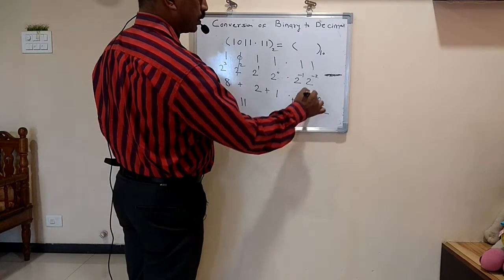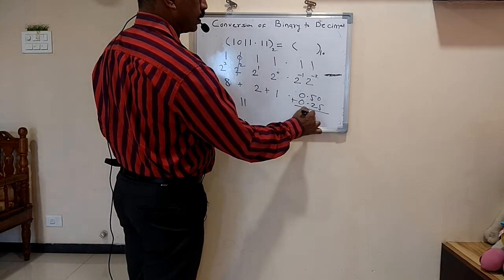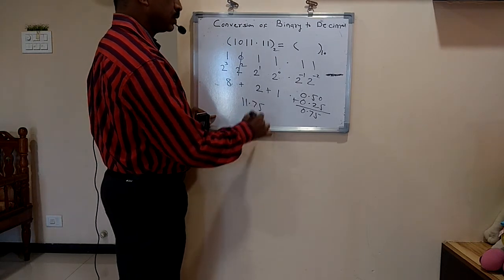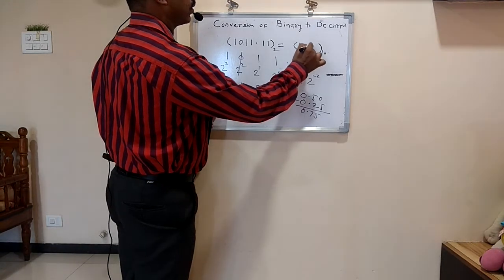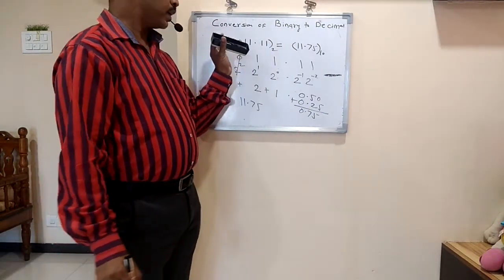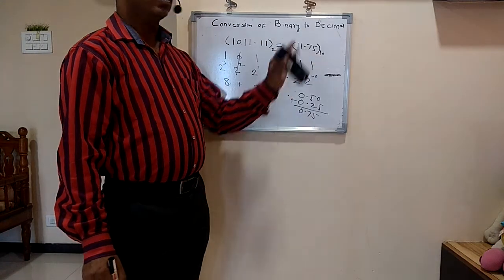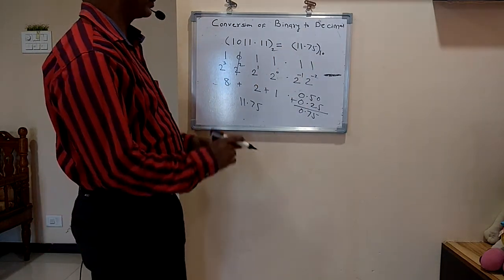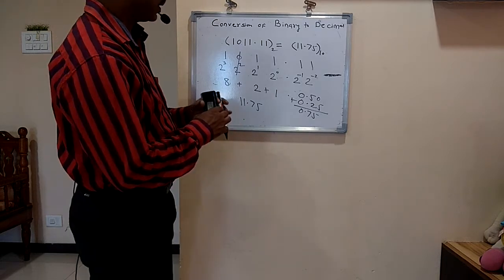Add these two, it is 0.75. So the final answer is 11.75. In this way, we can convert any binary number into its decimal fraction. You can do any number simply.